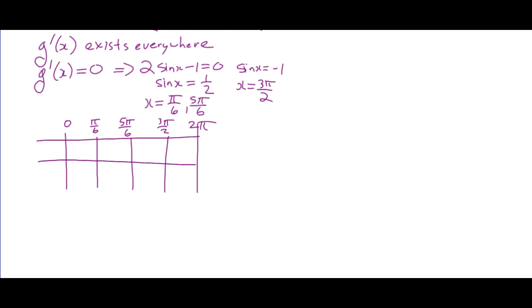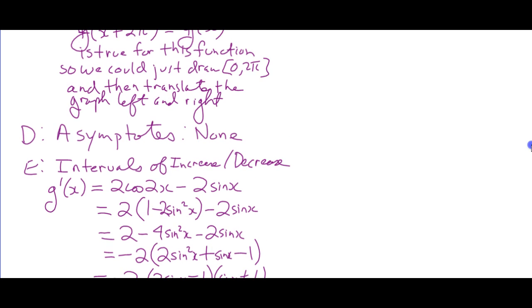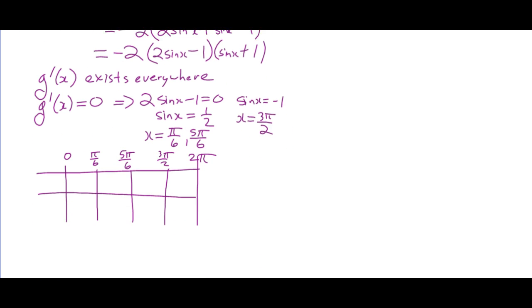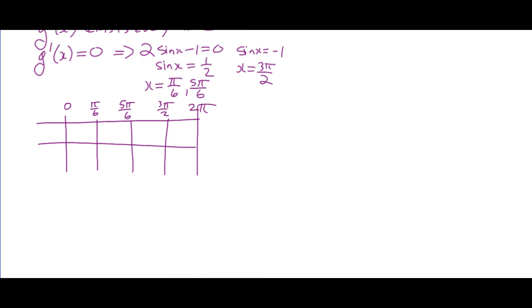And what were our factors? What's the most important factor? Not the most important. The negative 2 is an important factor, right? Which just makes everything negative. And then we have a 2 sine x minus 1.